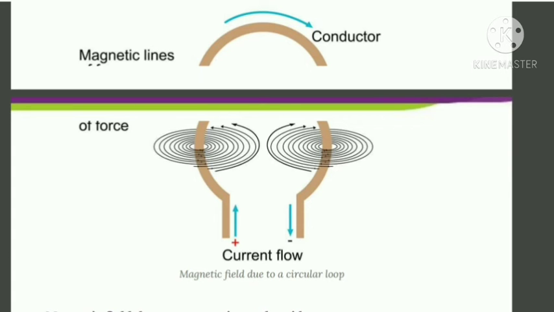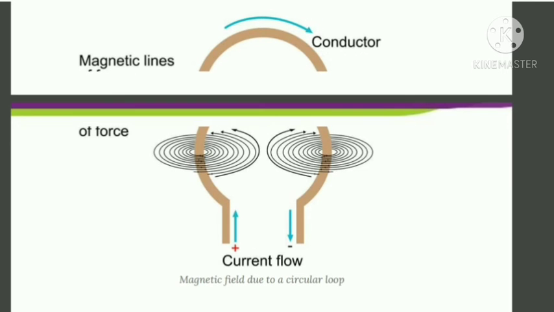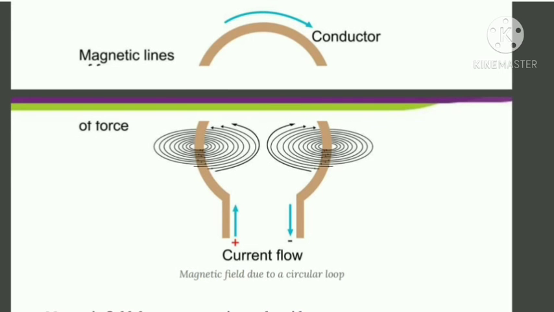Similarly, at every point of the current carrying circular loop, the concentric circles representing the magnetic field around it become larger and larger as we move away from the wire. Here you can see that these lines will not be straight lines.